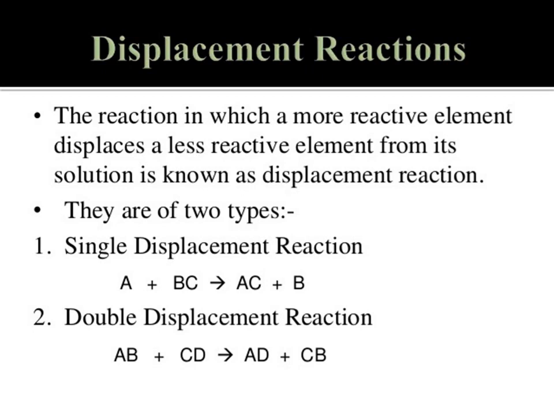A single displacement reaction will be like A plus BC will give AC plus B. And a double displacement reaction will be like AB plus CD will give AD plus CB. So these are single displacement and double displacement reactions. We have already talked about single displacement, and we already have an example also. We will talk about double displacement and one example also.